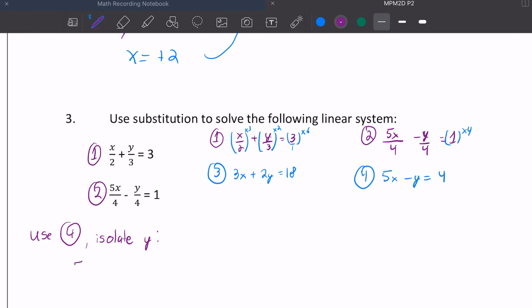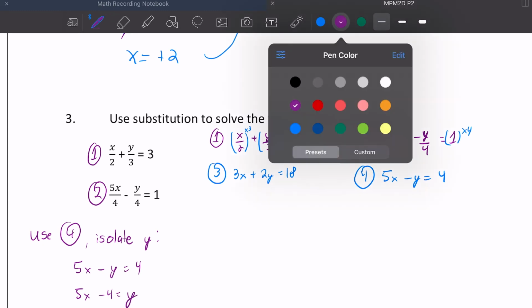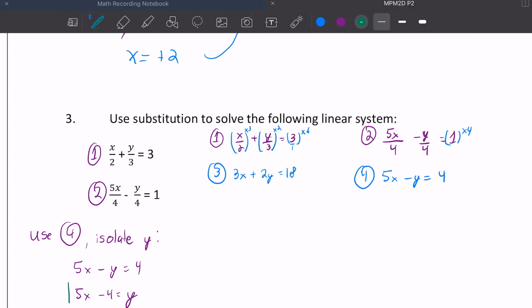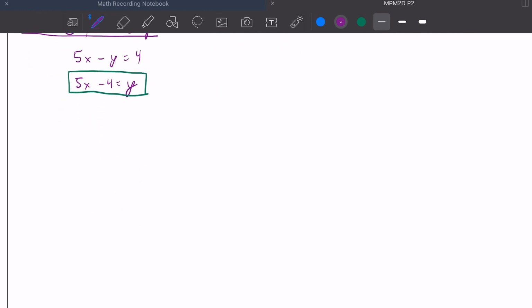So we've got 5x minus y equals 4. And if we rearrange it, we get 5x minus 4 equals y. And that is our new equation that has been isolated to give us an item that we can now substitute into our other equation.